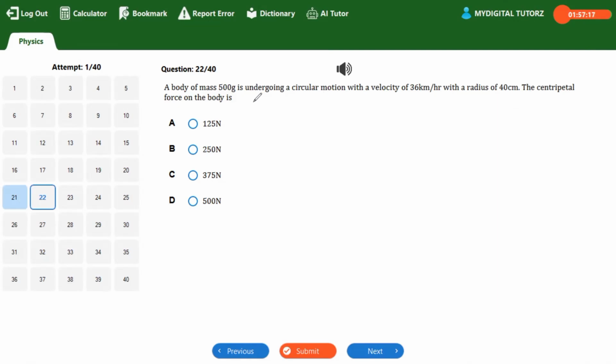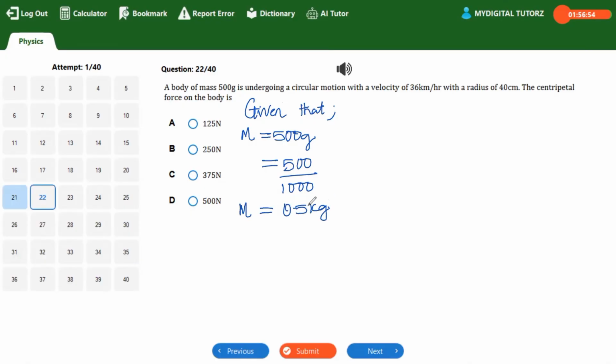We are given that the mass m is 500 grams. Unless otherwise stated, quickly convert to kilogram: 500 divided by 1000 gives a mass of 0.5 kilogram.